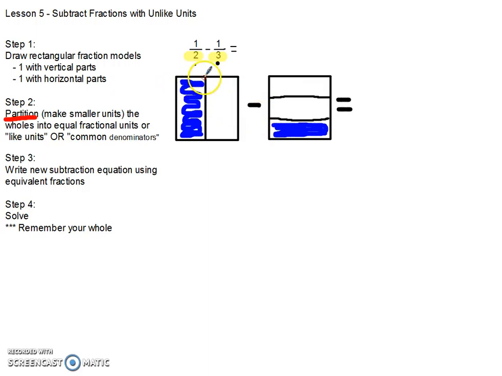The easy way that we do this is, in this first fraction model, we have that one line, and we're just going to do that one line down the middle of our second. And that leaves us with 6 parts in our whole. And then we're going to take these 2 lines from our second fraction model and put them into our first one. We want to make sure now that we have the same amount of parts, which is 1, 2, 3, 4, 5, 6.